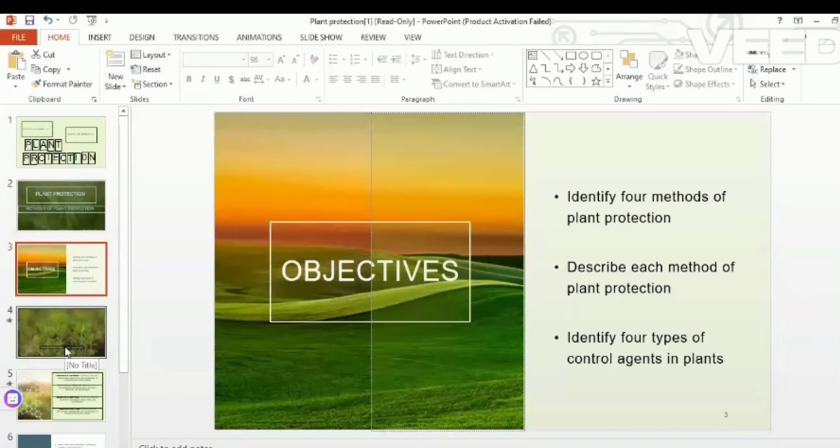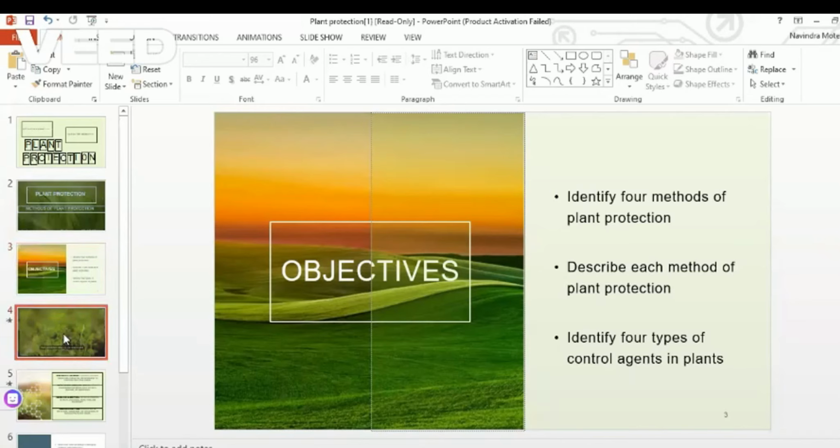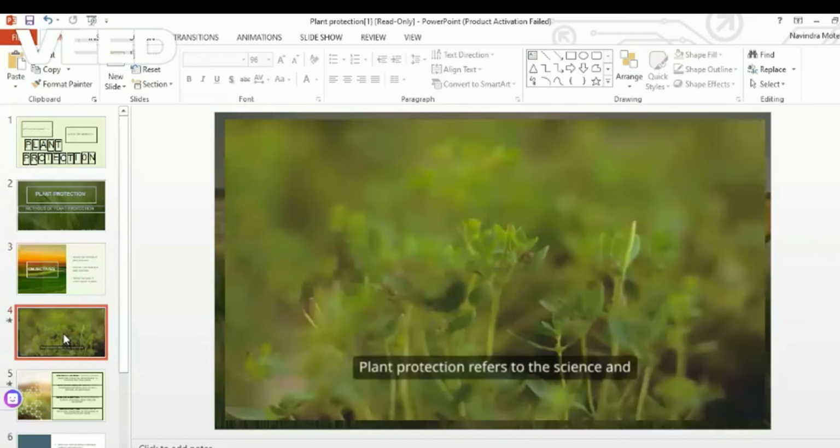Identify four methods of plant protection. Describe each method of plant protection. Identify four types of control agents in plants. Now I'll play a video for you to look.